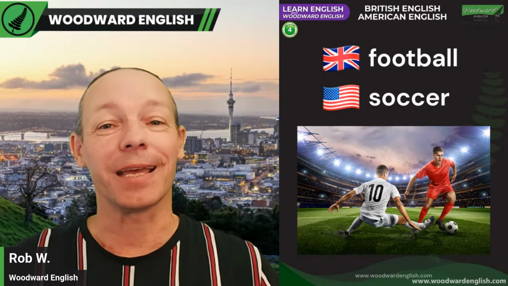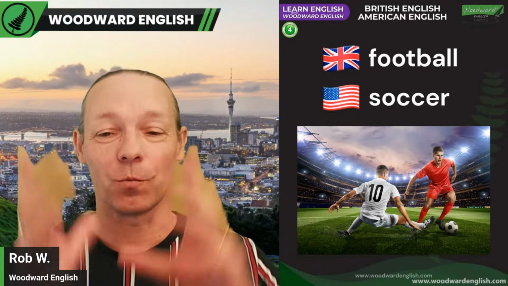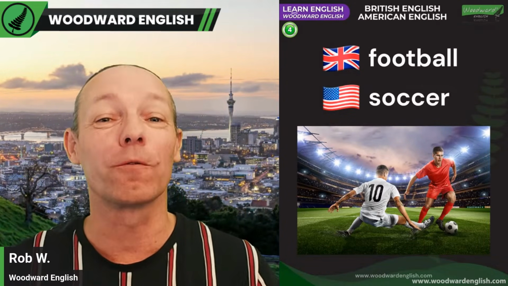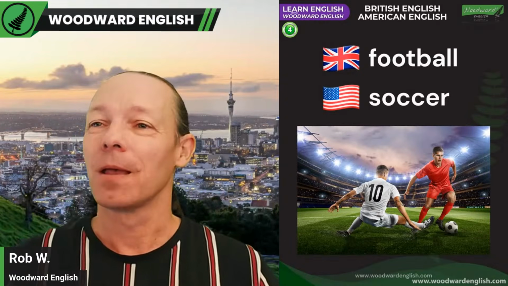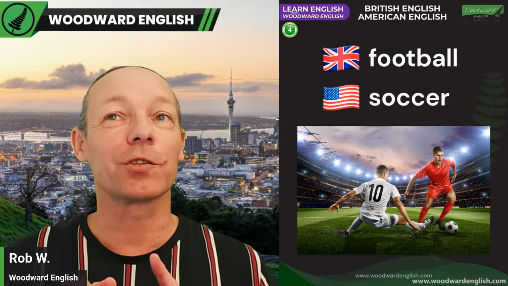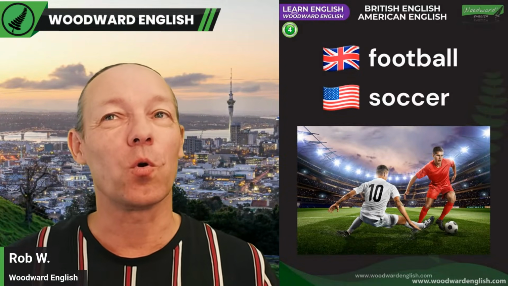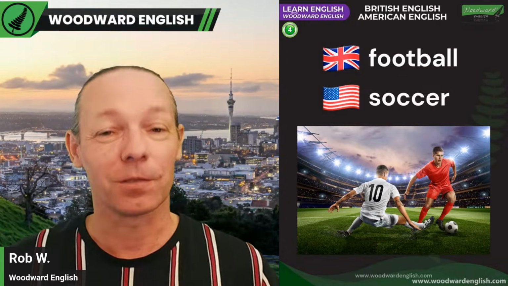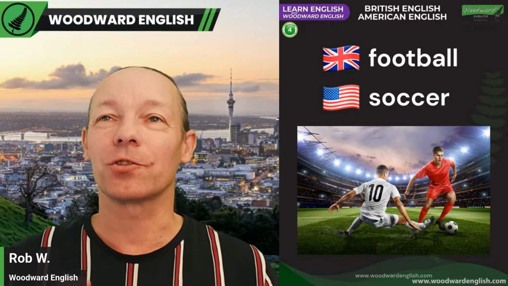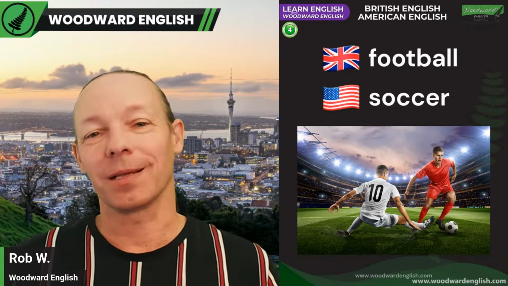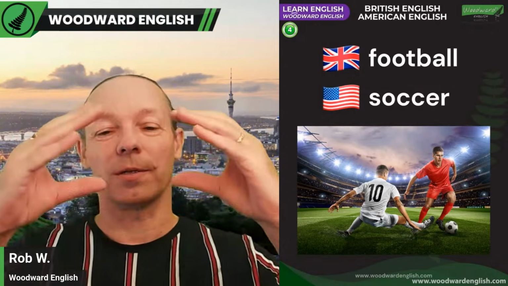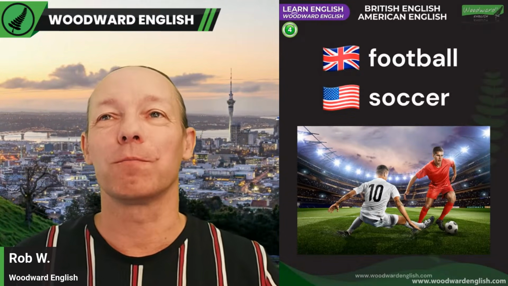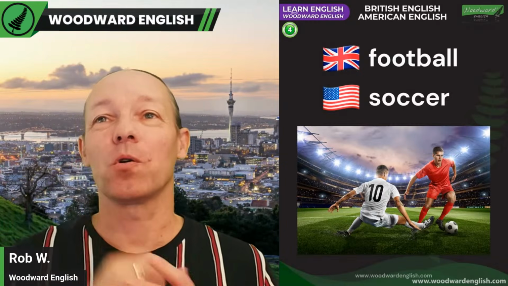Because in the United States, football is the other game which has the oval ball, and they throw it. The Super Bowl is called football, so it's not a round ball. In Australia, some people call it football, but a lot of them call it soccer too, because in Australia football is another sport with an oval-shaped ball. Sometimes they'll call this sport soccer.